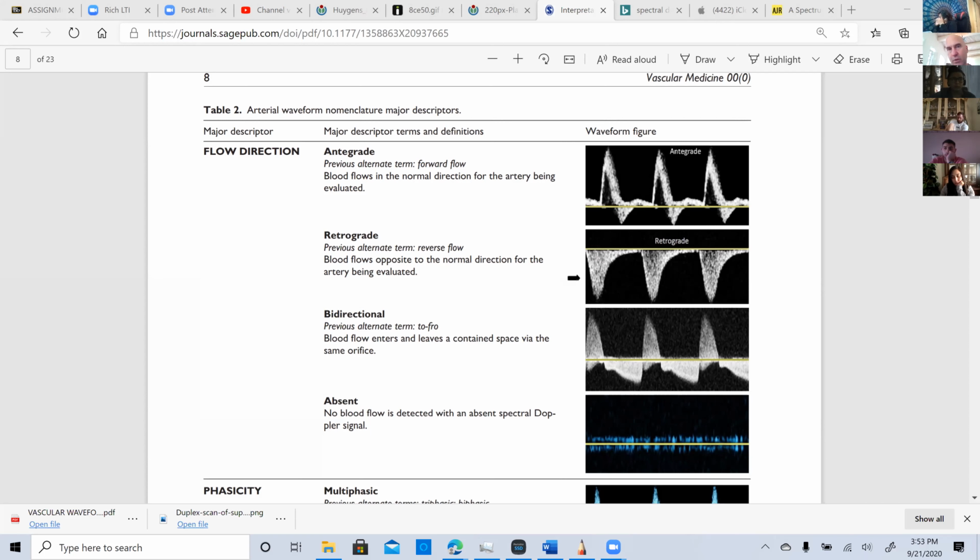They're showing retrograde flow, and that might very well be. This is antegrade because the vessel's generally going in the correct direction. It has reversal of flow, but that's normal.